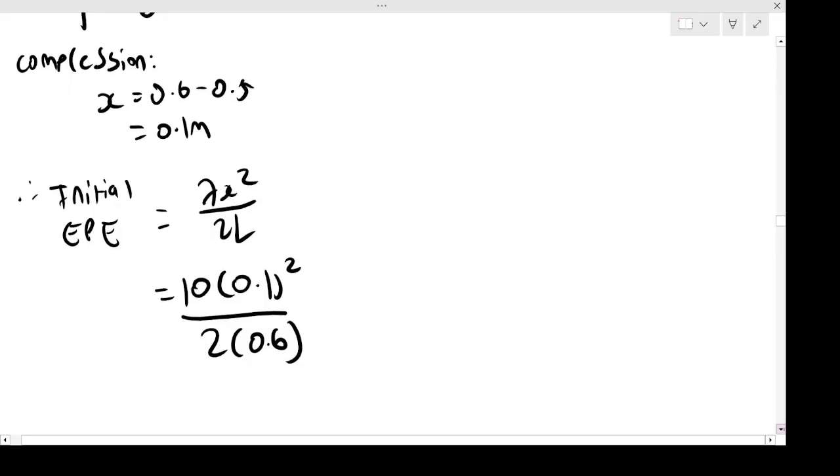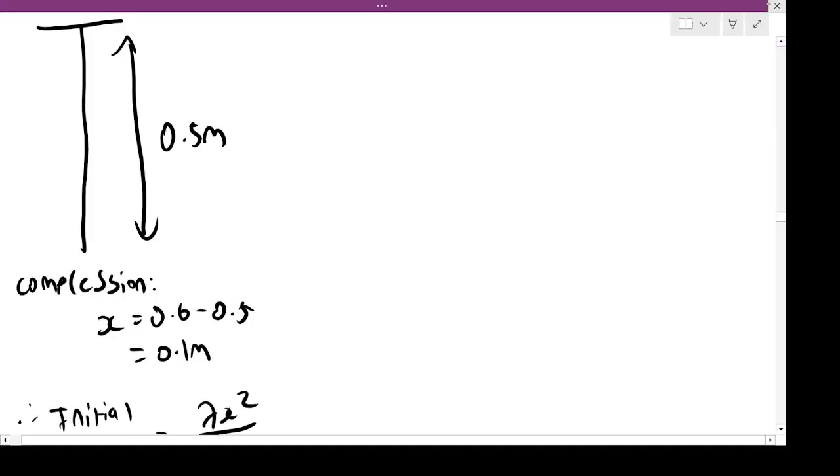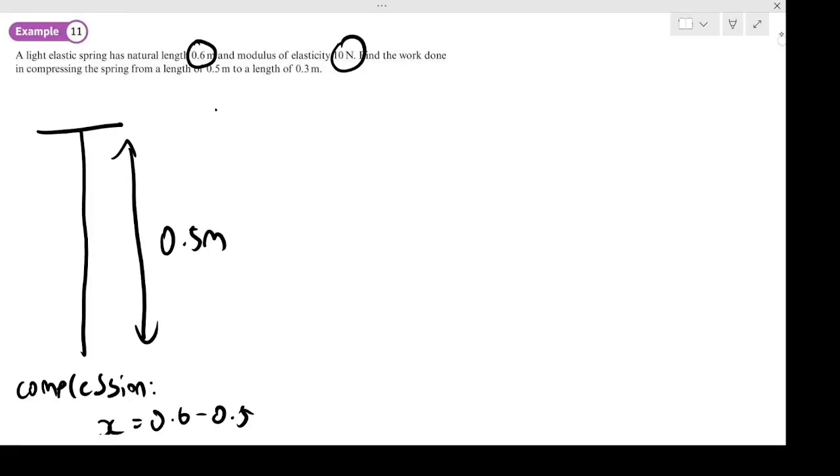And so if we work that out, we get 1 over 12. And that's my EPE there at this compression. So again, compression works pretty much the same way as stretching, so we use the formula in the same sort of way.